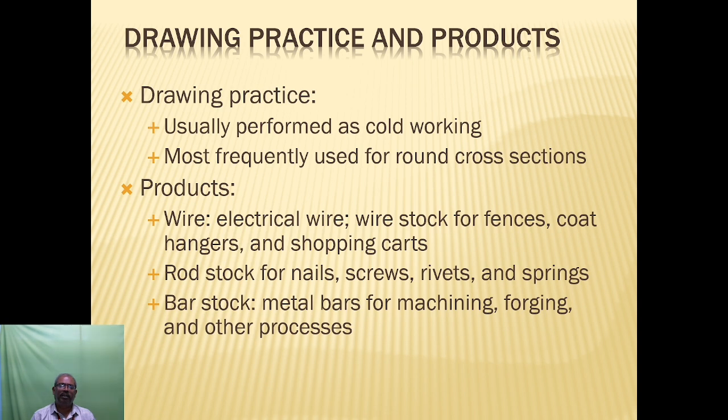Drawing practice is usually performed as cold working, most frequently used for round cross sections. The products you can get from drawing are electrical wire stock for fences, coat hangers and shopping carts, rod stock for nails, screws, rivets and springs, and bar stock used for machining, forging and other processes.